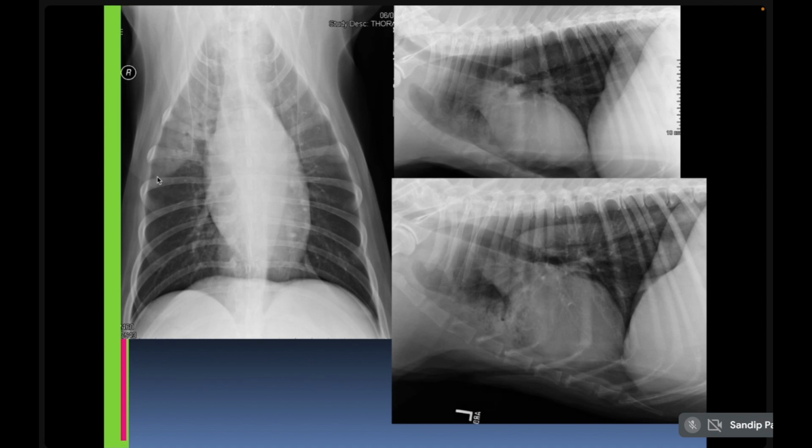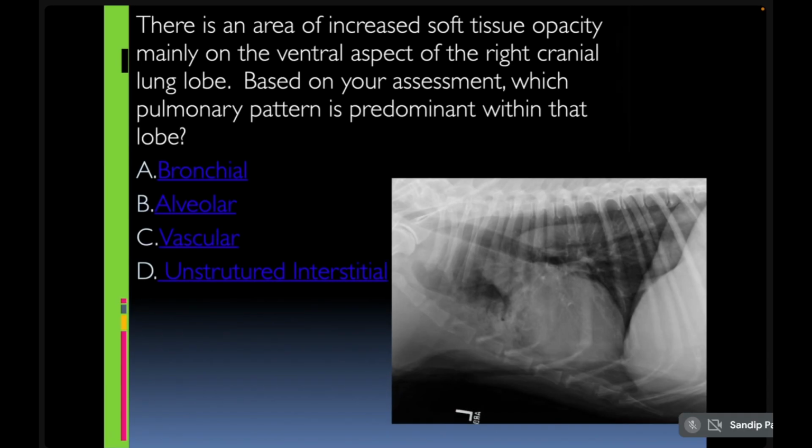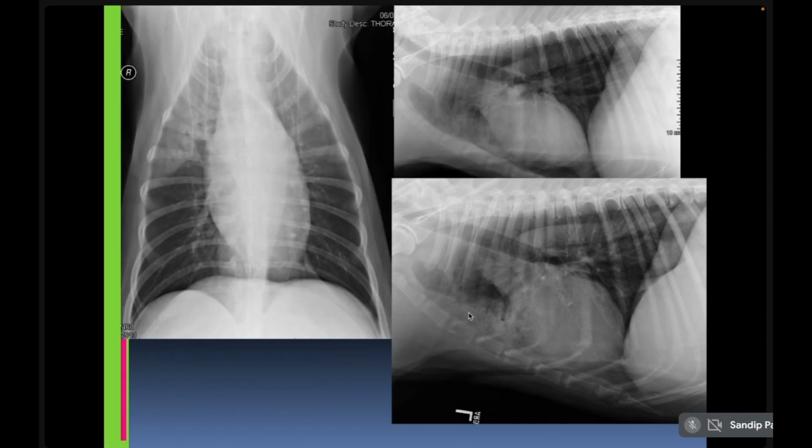Actually, what you have seen, this is the right cranial lung lobe, right from right here all the way up to here. So this is the lobar sign. Now, we'll see right here, if I make it bigger.